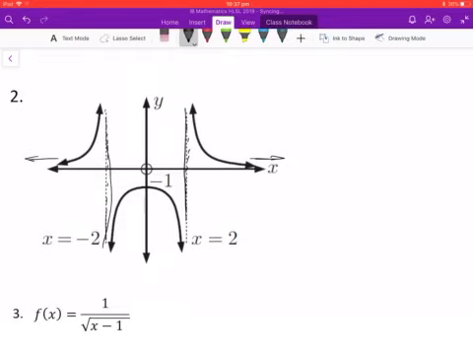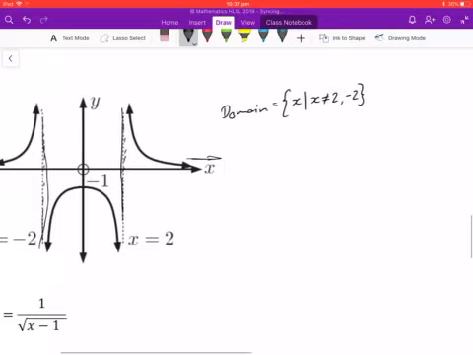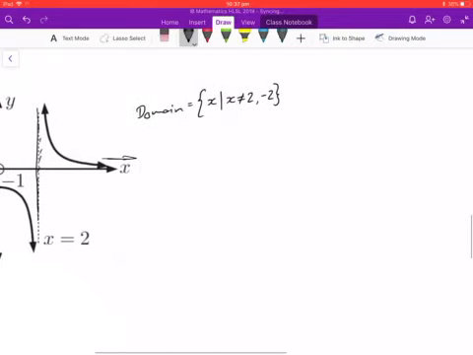Sometimes we see that. So the domain, we could say, is equal to x cannot equal 2, -2. That's the only thing I need to say. Otherwise, all other values of x are fine. Now if I was to do interval notation, it might be a bit more tiresome.